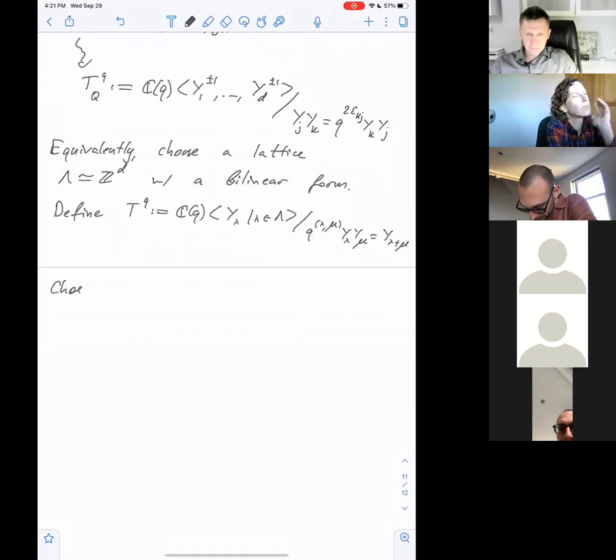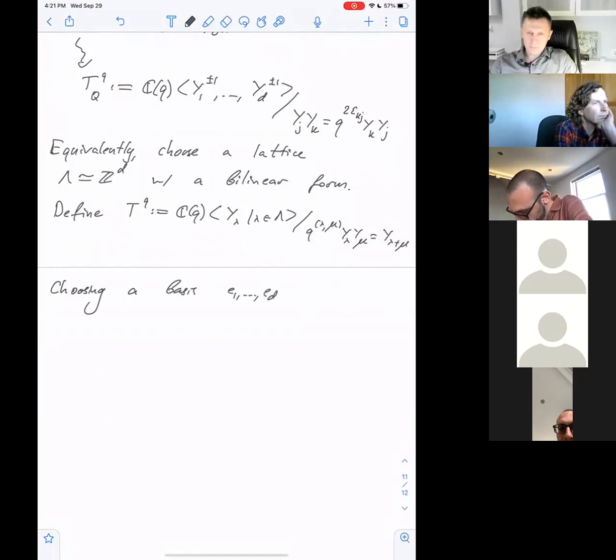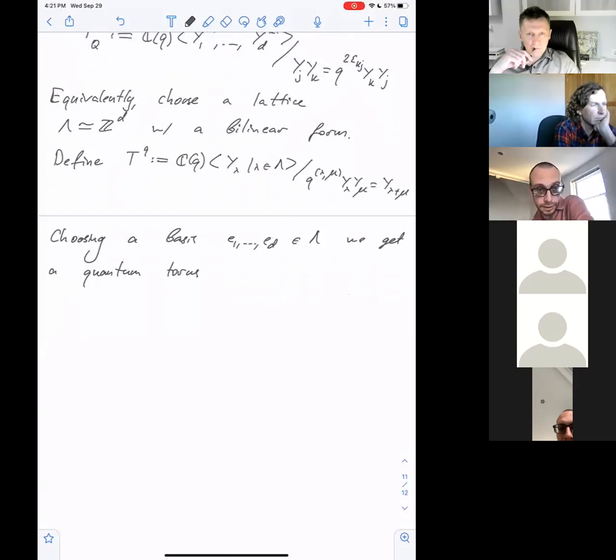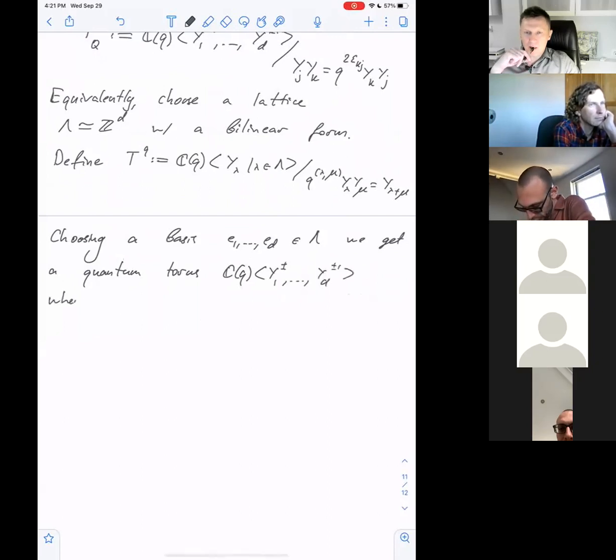Choosing a basis e_1, ..., e_d in the lattice Lambda, we get a quantum torus with generators y_1, ..., y_d, where each generator y_j is just y_{e_j}, the y corresponding to this basis element of our lattice.